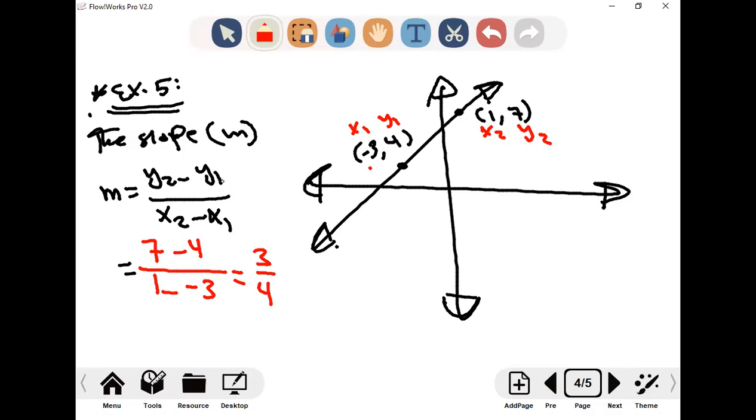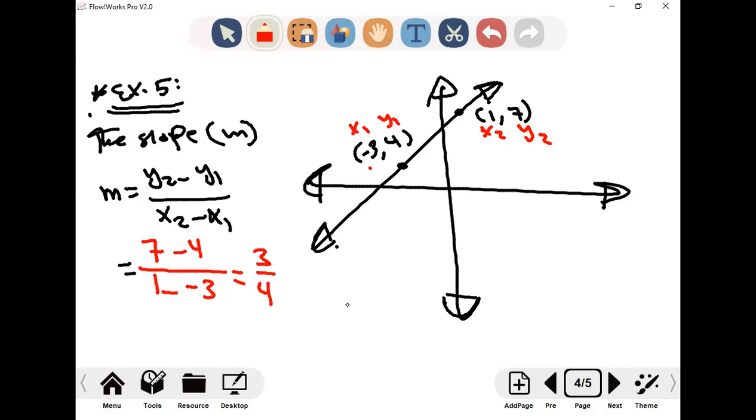How much is y1? 7 minus 4, that's 3. How much is x2? We put 1 in its place, right? Minus it from the formula. How much is x1? You know how to calculate? Good boy. Done.